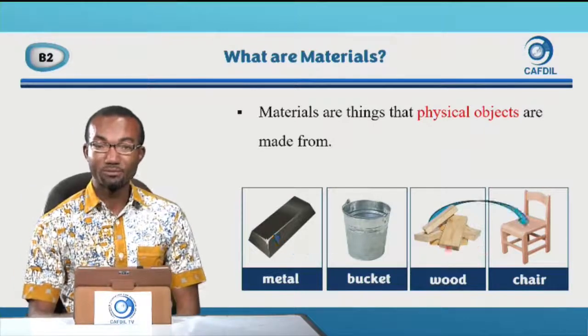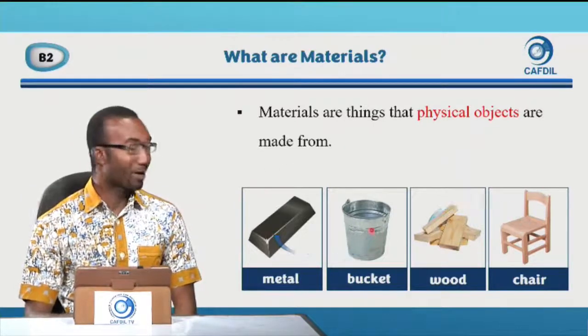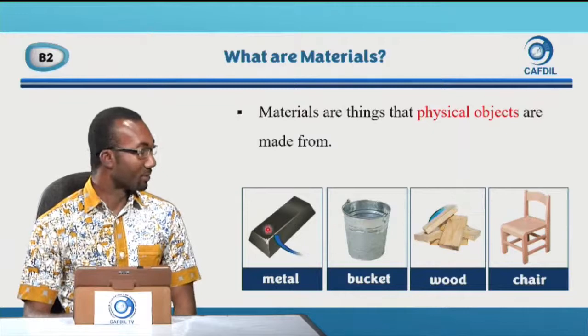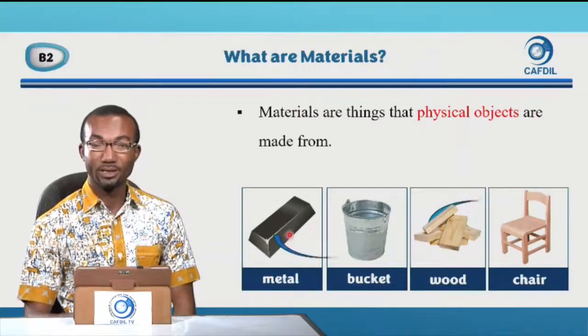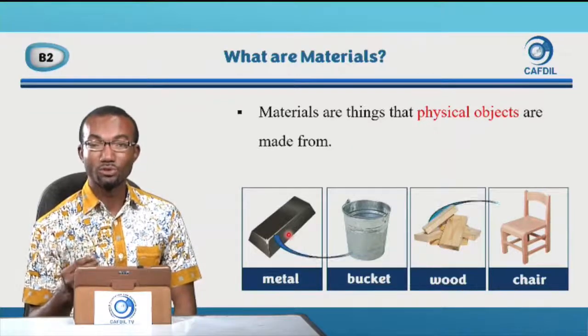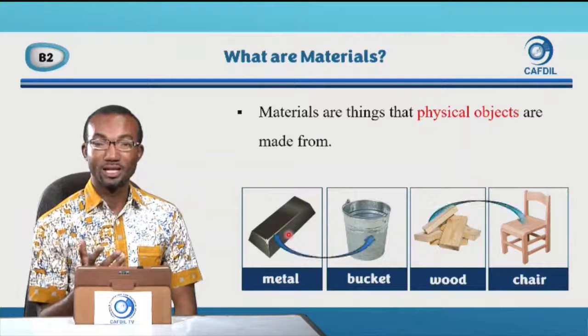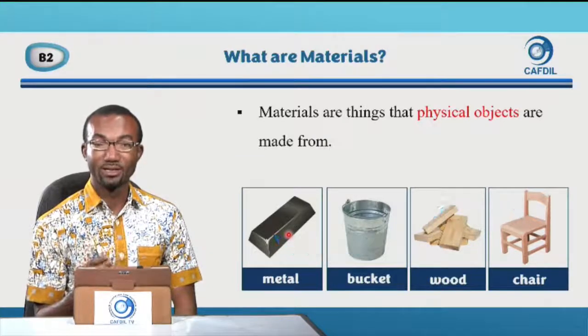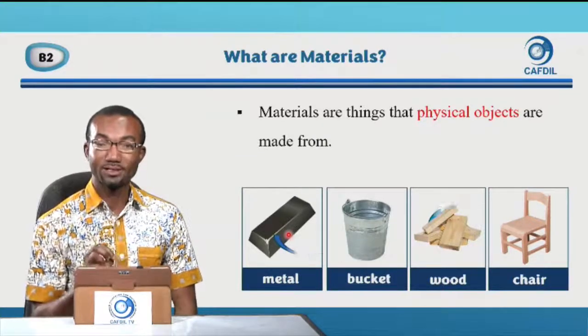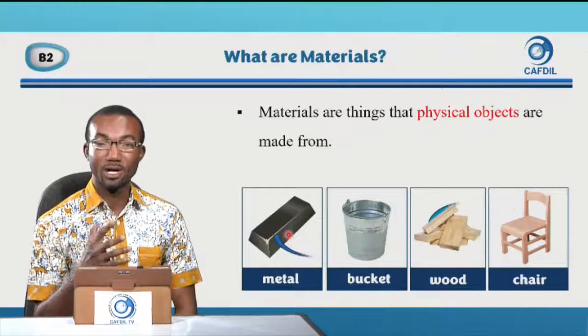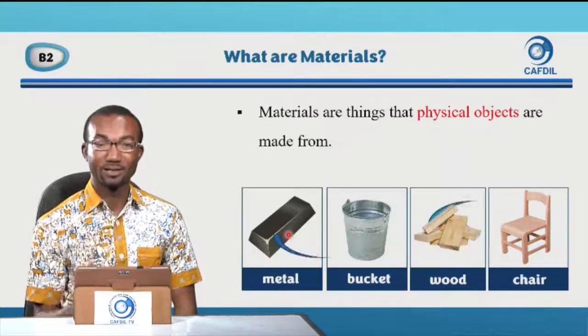And children, I believe you'll be able to tell me other objects that we're able to get from this material called metal. If you look at the spoon you use to eat, if you look at the bowl you eat inside, some are made of metal. If you look at the cooking utensils your mom cooks in, some are made of metals.